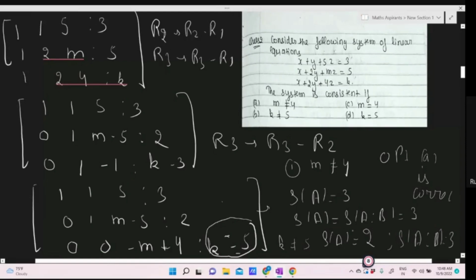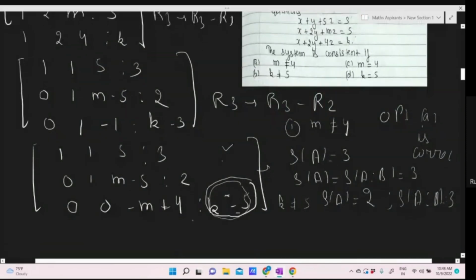Now take option number 3, M is equal to 4. Here you can see that if M is equal to 4, then the rank of A reduces to 2, and if the value of K is not equal to 5, then the system always has no solution. And now see option number D. If K is equal to 5, then this position becomes 0.